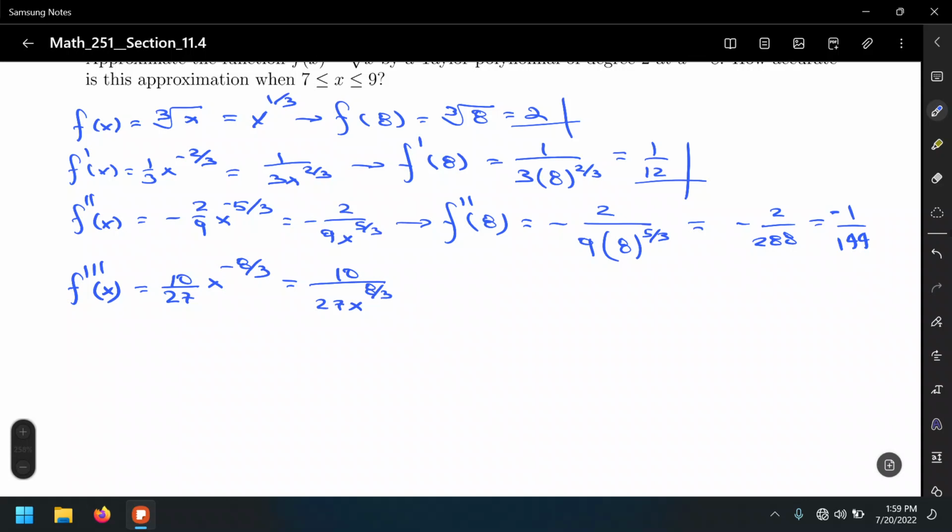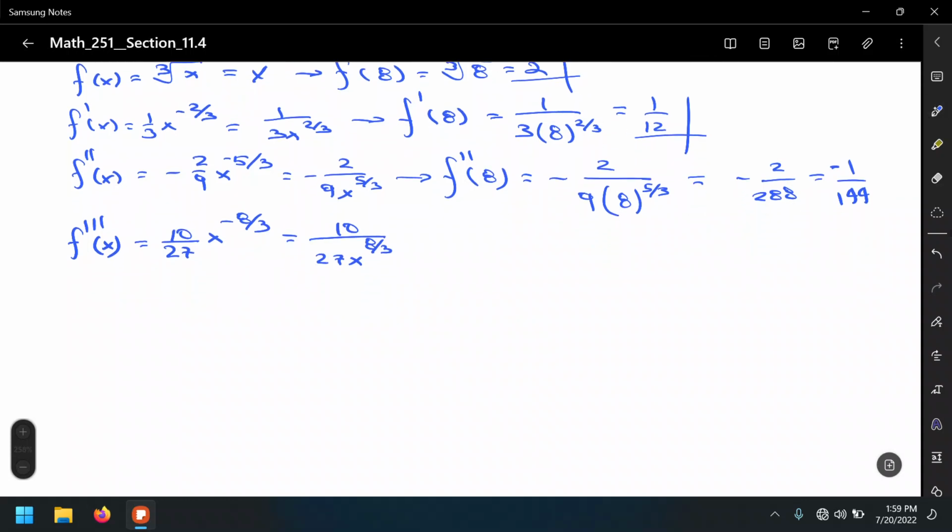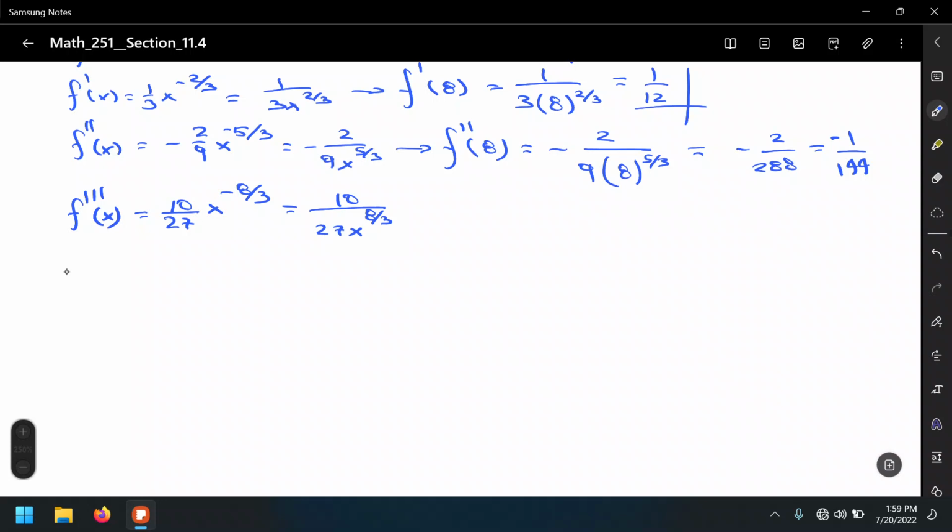So let's form our Taylor polynomial first. So T, in this case, is T sub 2, because they were asking us only for the Taylor polynomial of degree 2. Let's do the notation first: f of 8 plus f prime of 8 times x minus 8 to the first over 1 factorial.